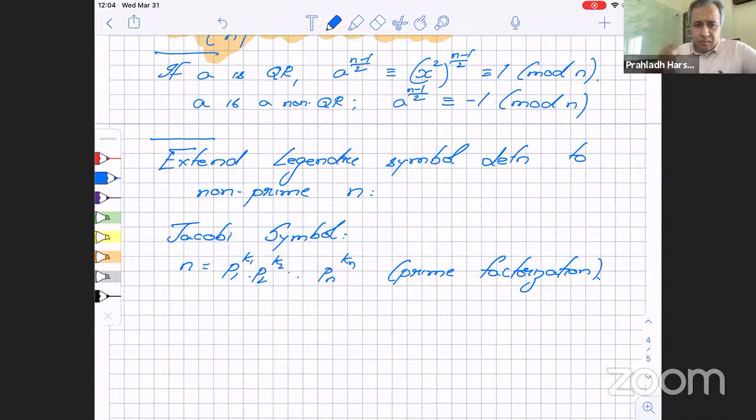And let's assume n is odd. I'm only going to extend it to non-prime odd n.